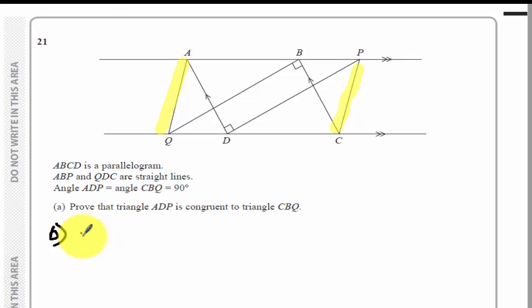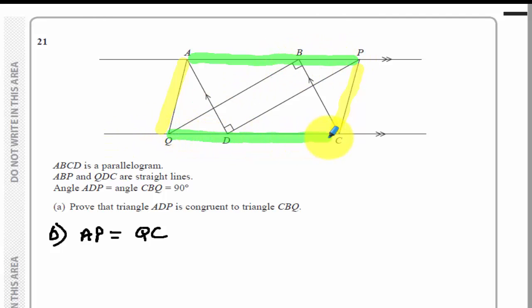Now we know from part A that AP equals QC. We've just worked out that these triangles are congruent. So the hypotenuse of both triangles, A to P and Q to C, must be the same length.